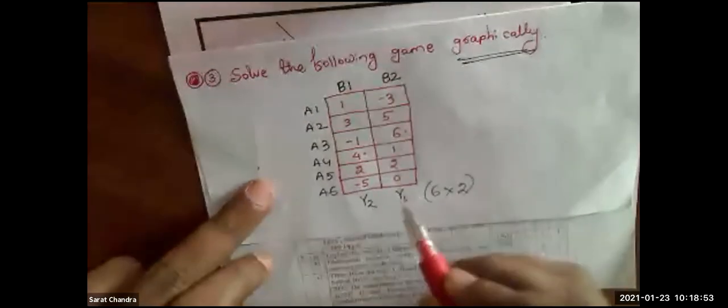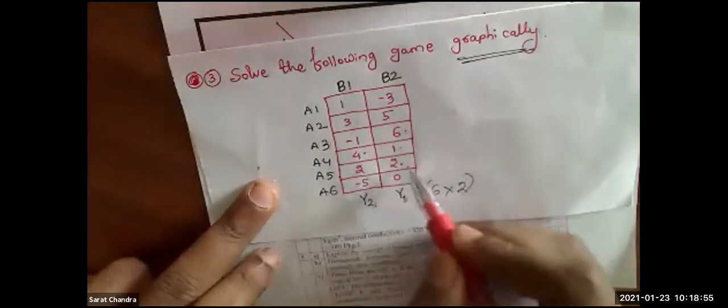Now the next one is y1 is 1, y2 is 4. This is A4. Okay, and similarly after that the next point is y1 is 2, y2 is 2. So y1 2, this one, y2 2 means this one.